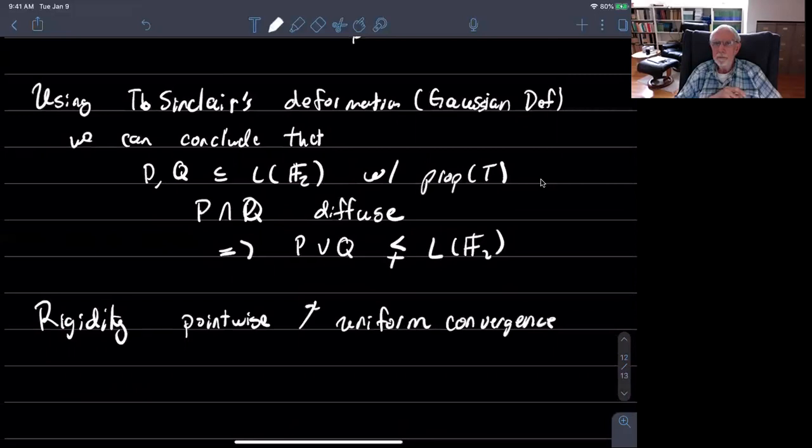And property T is precisely that sort of trivialization, right? It takes this weak condition of pointwise convergence and upgrades it to a much stronger condition, like uniform convergence in some sense. Question? Is that convergence as t goes to 0?